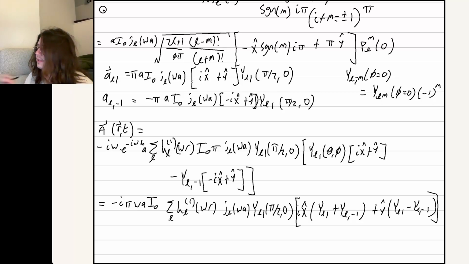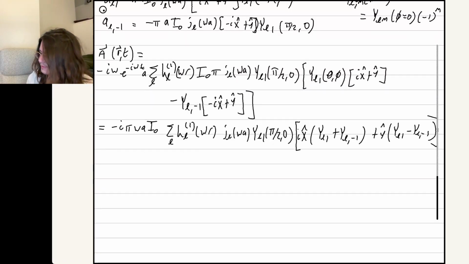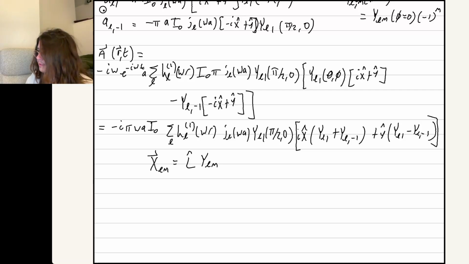Okay. How am I going to turn these into vector spherical harmonics? This is a pretty silly thing to be doing, if I'm honest. But vector spherical harmonics are defined like this, where L hat is the angular momentum operator.